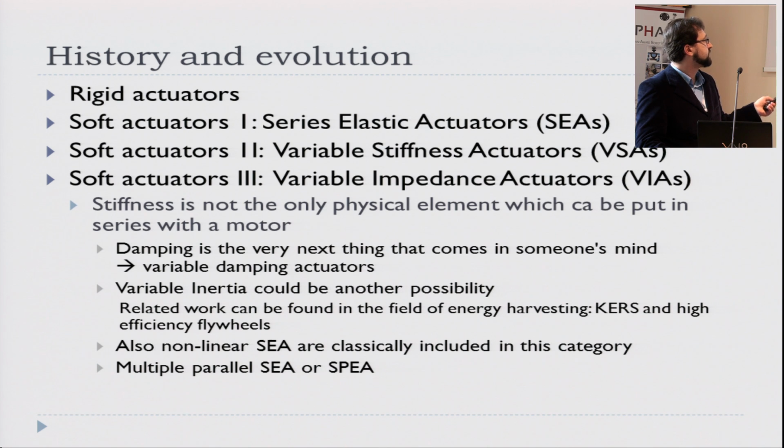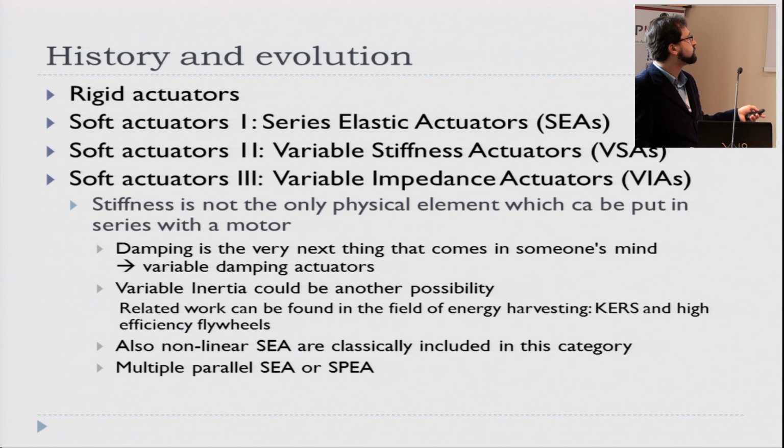There are mechanisms like this that are used, for example, in the field of energy harvesting, and also high-efficiency flywheels, which are now becoming a reality for storing energy. And also, strongly nonlinear series elastic actuators are usually put in this category because even if you don't control this change in stiffness, their stiffness changes a lot depending on the external load which is applied.